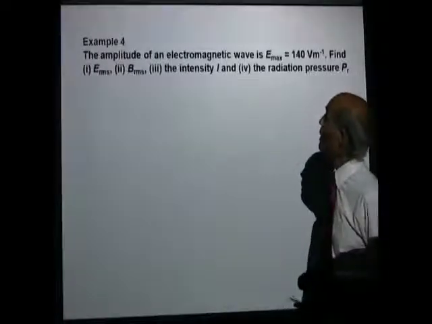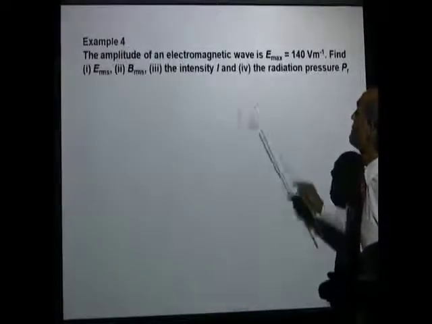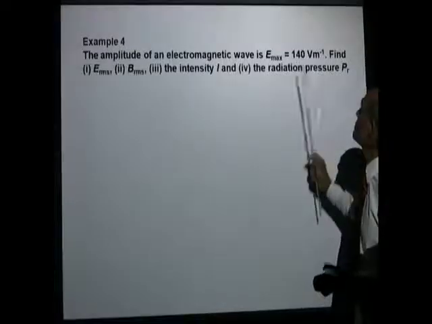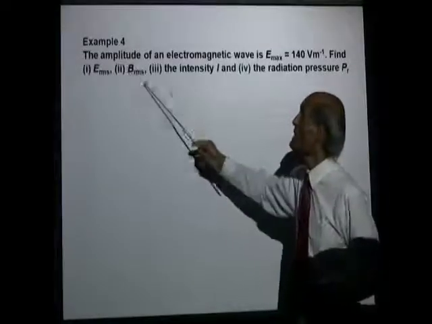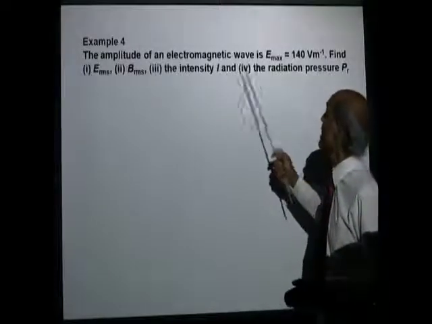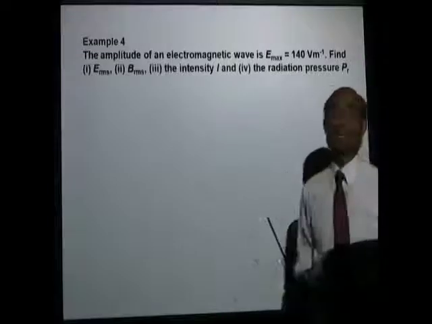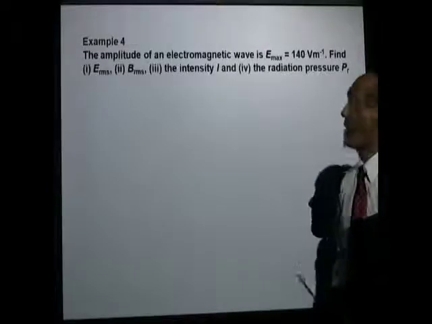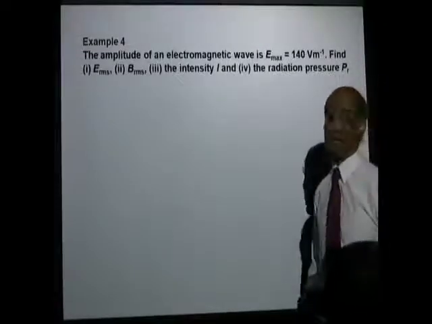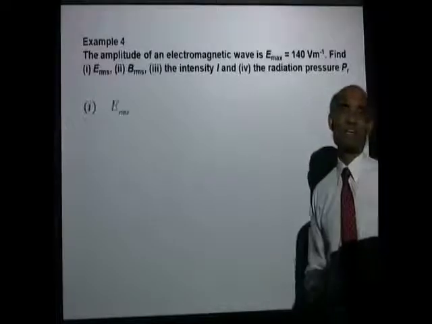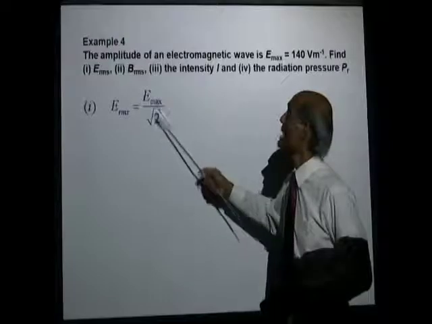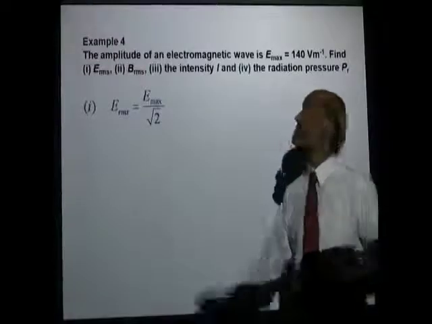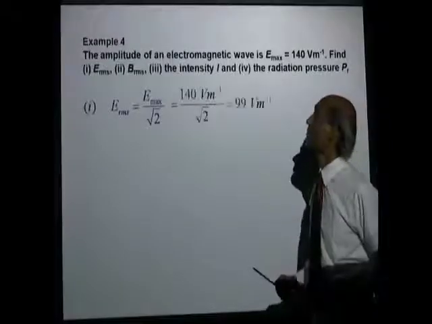The amplitude of an electromagnetic wave is E max equal to 140 volts per meter. Find E RMS, B RMS, the intensity I, and the radiation pressure P sub R. Well, they're all direct applications of the formula we have. E RMS is E max divided by square root of 2, and we have E max.